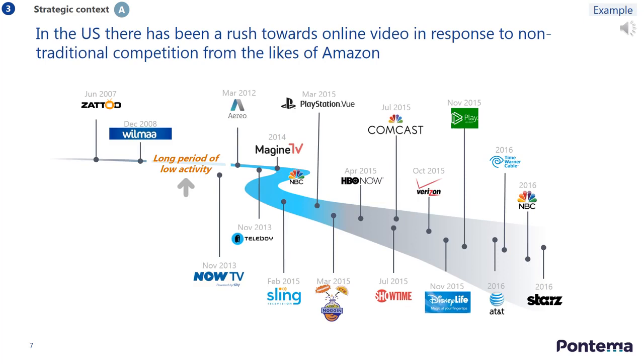In the fast-changing world of US video and TV content, there has been a rush towards online video and streaming. This has been in response to the success of non-traditional players such as Netflix and Amazon Video, but also because of the technological changes that have made it possible to stream high-quality content over the internet, such as high-speed internet access and mobile devices with high-definition screens and prolonged battery life.